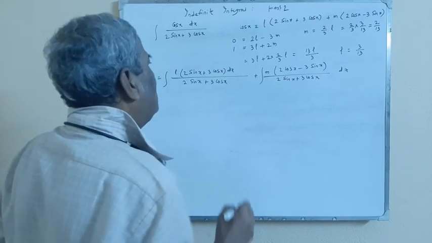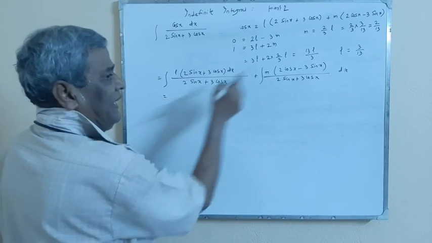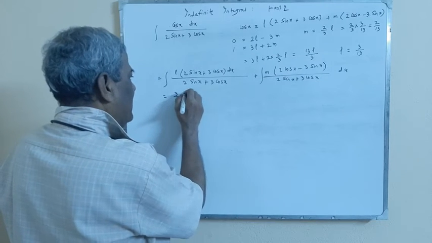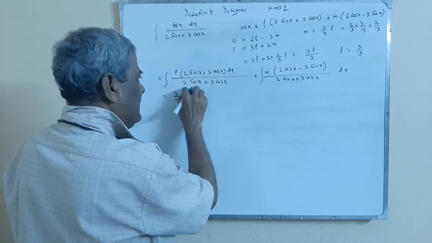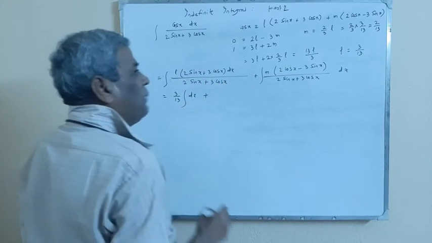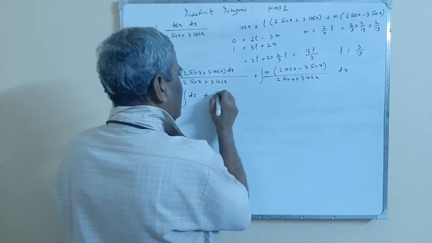Now put the values of L and M. L is equal to 3 by 13 into this by that, they cancel, so simply dx, plus M, where M is 2 by 13, into the integration.